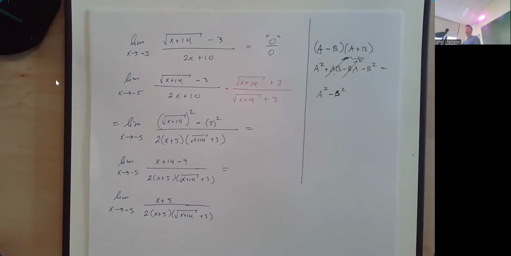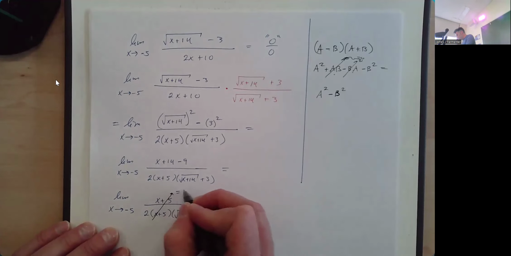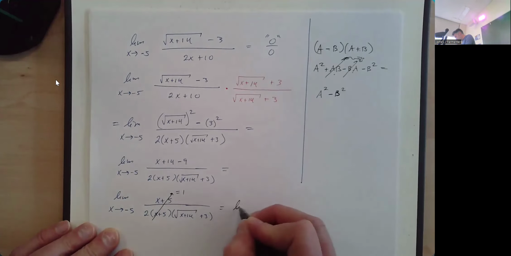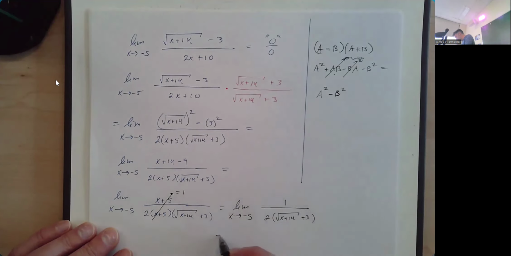Then x plus 5 divided by x plus 5, the problem pieces, are going to get dealt with. x plus 5 divided by x plus 5 is just 1. So we have the limit as x approaches -5 of 1 over 2 times the square root of x plus 14 plus 3. And then we can plug in -5 for the remaining x's.